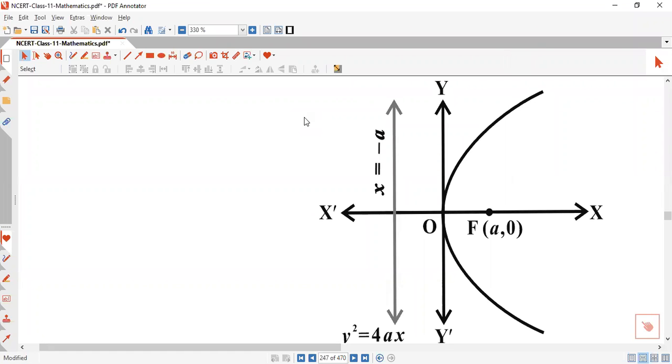Let's suppose we have 3 points on this parabola, any 3 points. I take this point, this point, and here this point. You can take any 3 points on the parabola and connect them.